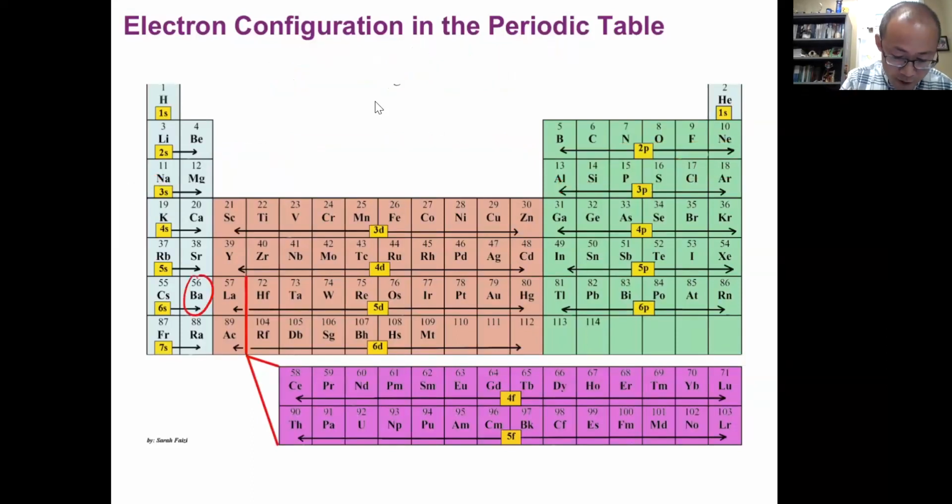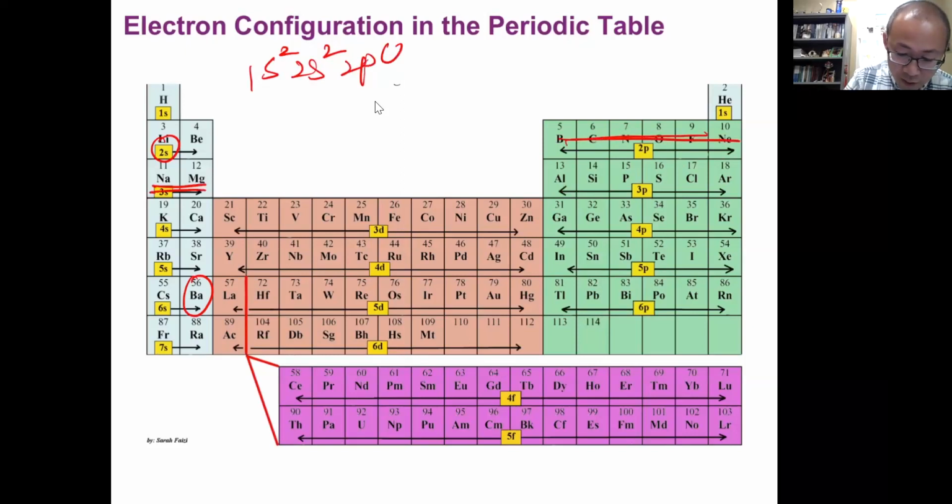Let's do barium. It's very low in the periodic table, but the same idea. 1s2, then followed by 2s2, and then 2p6, and then 3s2. After 3s2 is what? 3p6. After 3p6 is 4s2.